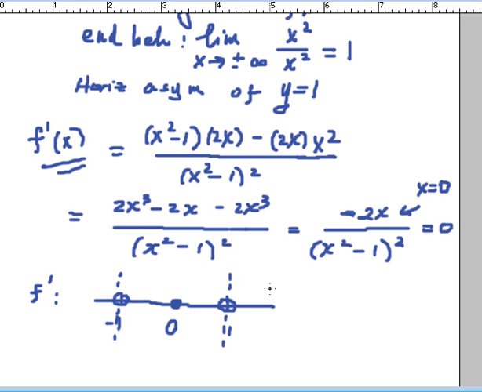And if we do our plus minus analysis, to the right of 1, let's say we substitute in 2, for example, this is negative, and notice because of the square here, the denominator is always positive. Okay, so we say negative here.